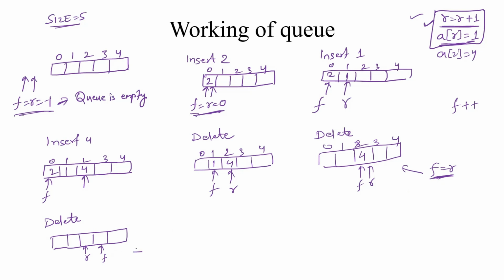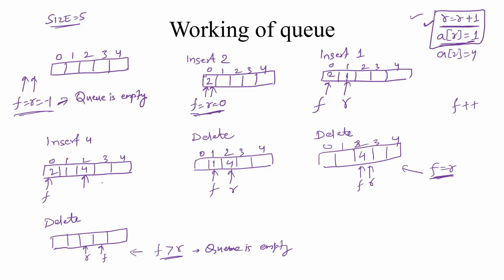So here you are getting one more scenario: when the value of front, F means front, is greater than rear, then you can say your queue is empty. So these are a few scenarios which you will come across when you do insertion and deletion.